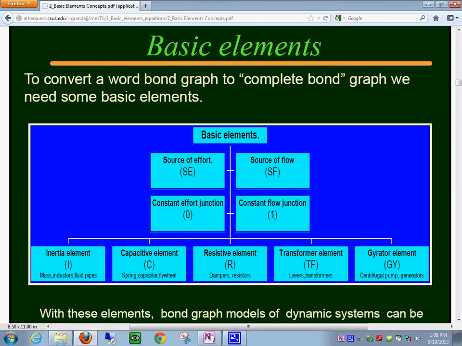And in the case of a motor, the torque is related to the current, and the voltage is related to the angular velocity. Okay. So that's why we need this ninth element. So those are the basic elements that we need.